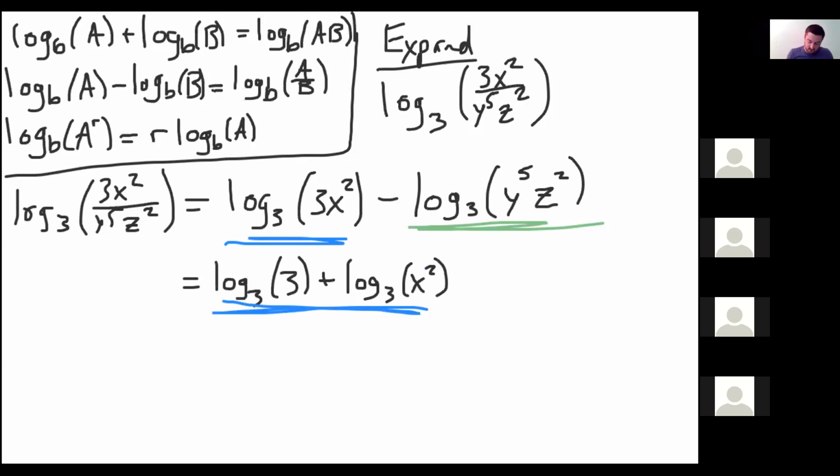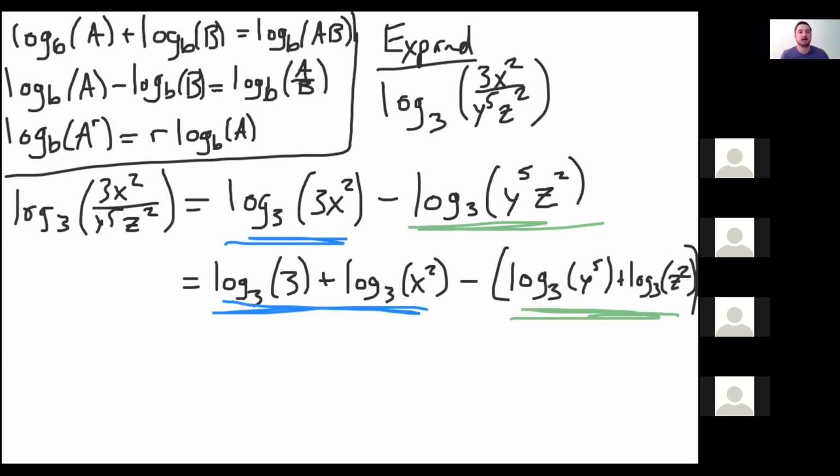So it's always good to use grouping symbols, use your parentheses, especially when we're doing these expansions, to make sure that I'm subtracting what this log turns into. Since I'm multiplying y to the fifth and z squared, log base 3 of y to the fifth z squared becomes log base 3 of y to the fifth plus log base 3 of z squared. But I have to remember that I'm supposed to be subtracting that thing, so I have to subtract what that expands into.